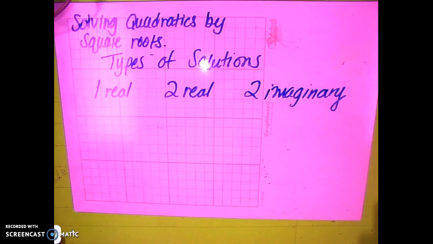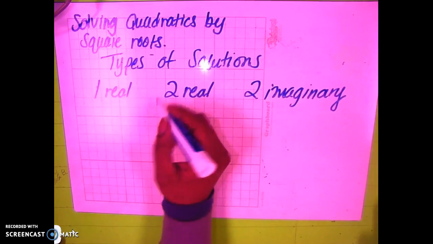Okay, so if you're solving a quadratic by square root, and after you isolate the variable the right side of the equation is positive, then you will have 2 real solutions.